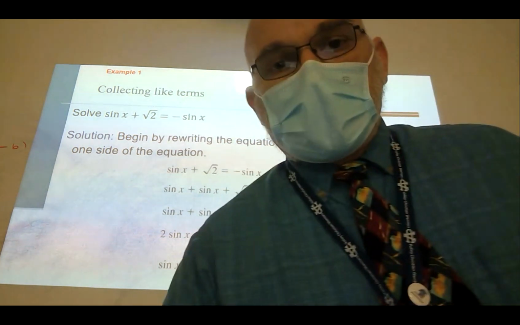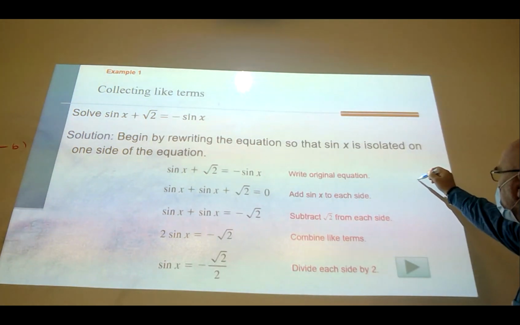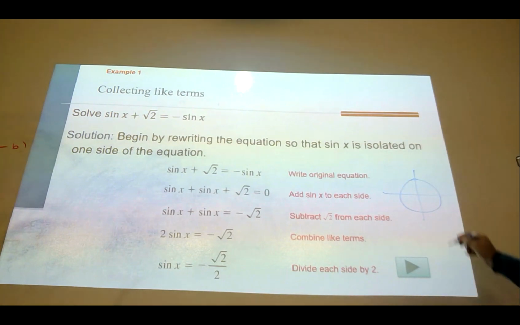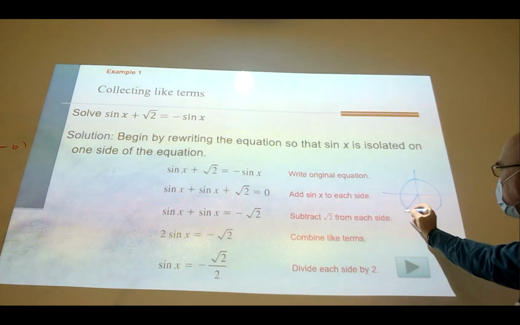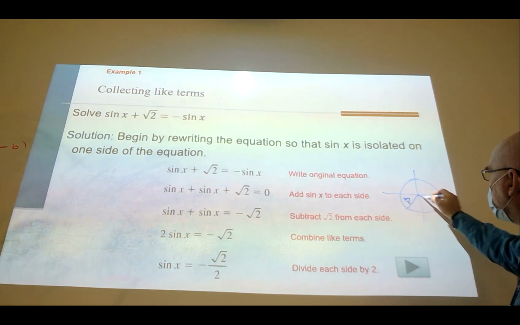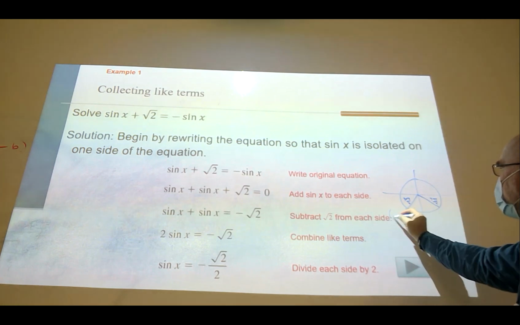Now, if I wanted to look on the unit circle, where is this equal to negative square root of 2 over 2? Down here in quadrant 3 at 3 pi over 4, and down here in quadrant 4 at 7 pi over 4.